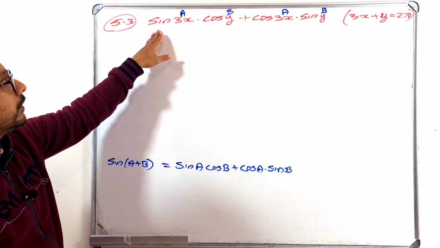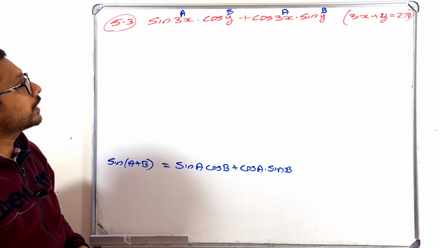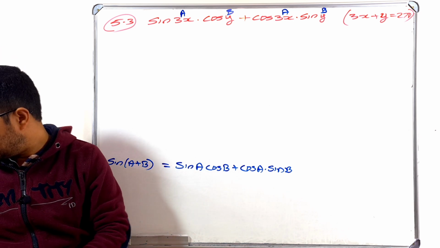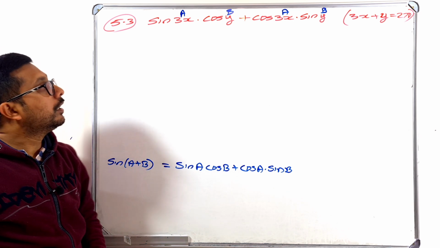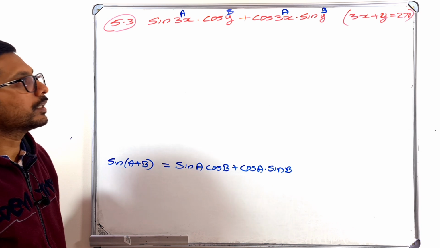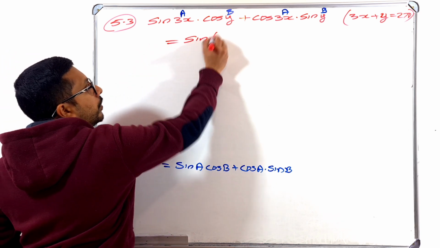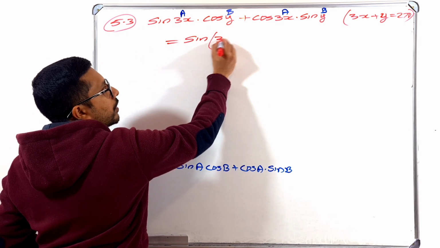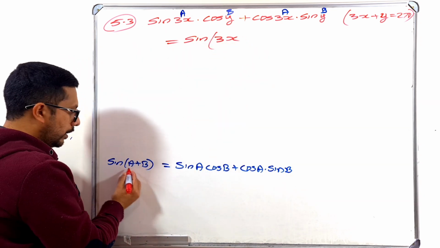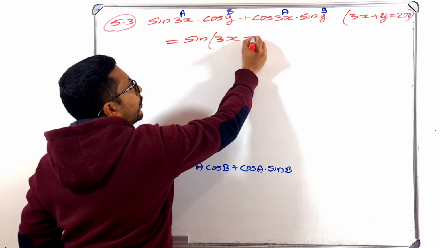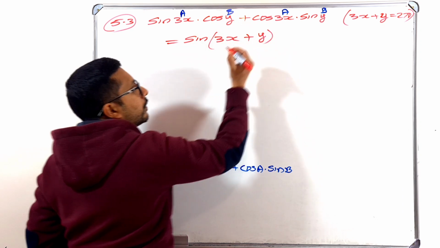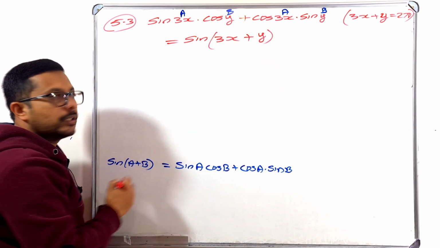So how can we write this one? Sine 3x cos y plus cos 3x sine y, that is sine of a plus b. What is our a here? 3x. What is our b? It is y. So it is sine of 3x plus y.